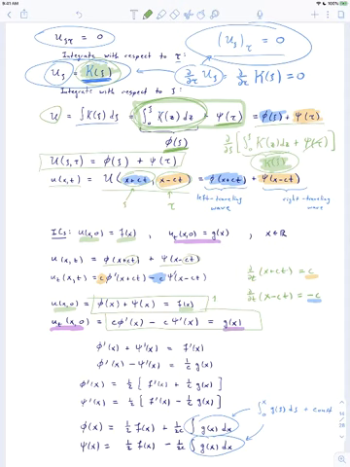Let me label that 1 and label this one 2. The first thing I did was differentiate both sides of 1. If you do that, on the left you end up with phi prime at x plus psi prime at x.